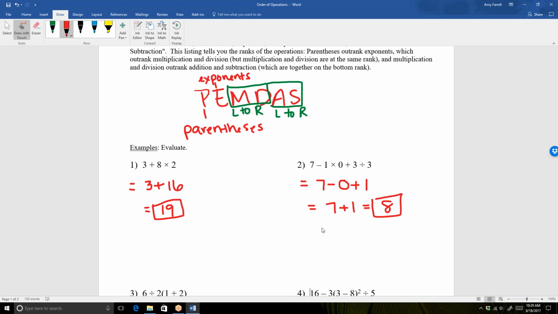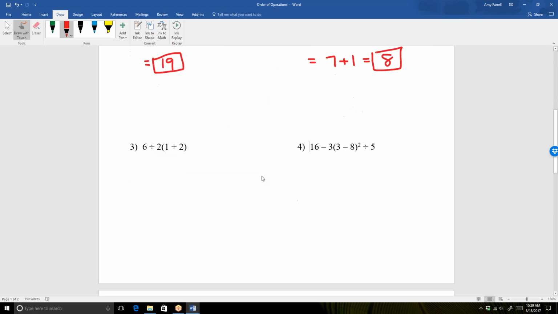We do want to perform multiplication and division from left to right, and addition and subtraction from left to right, but all the multiplication and division must be performed before the addition and subtraction.